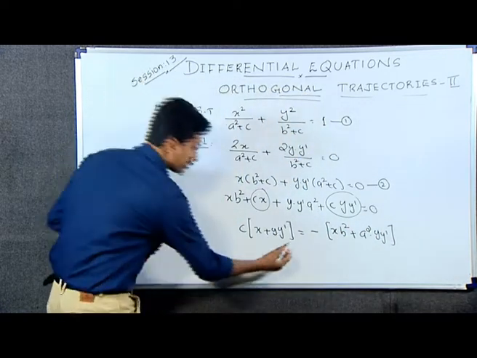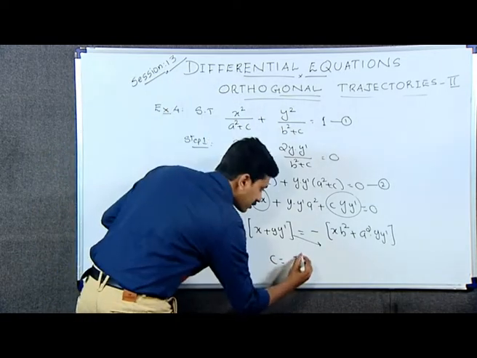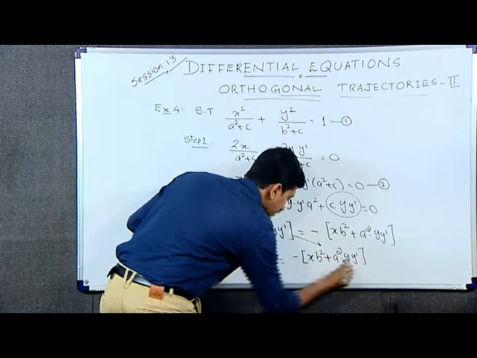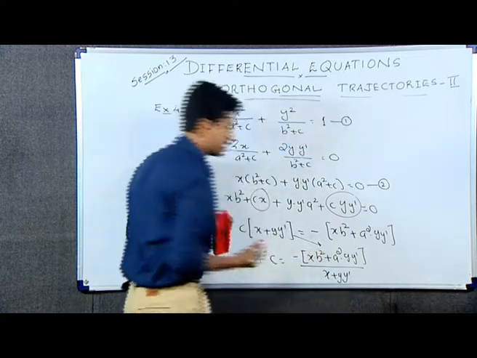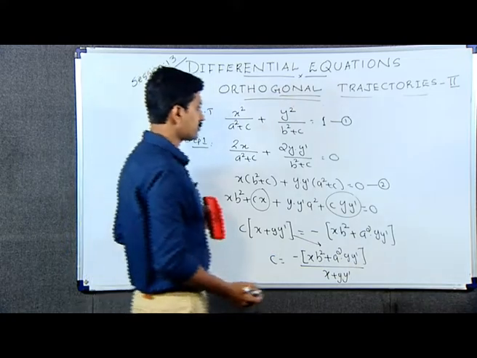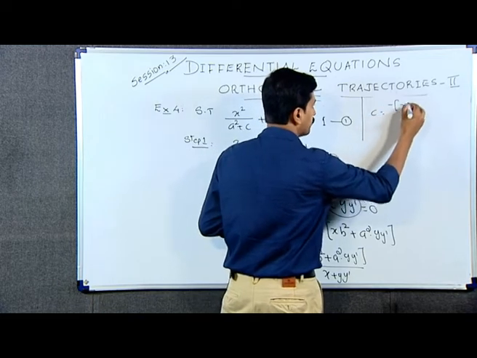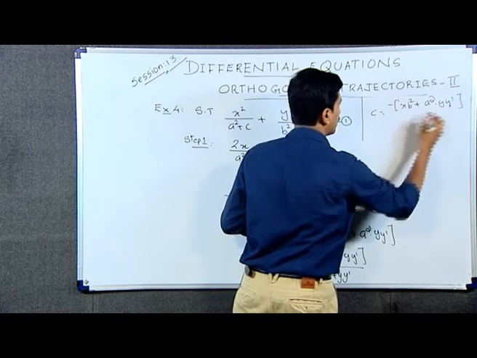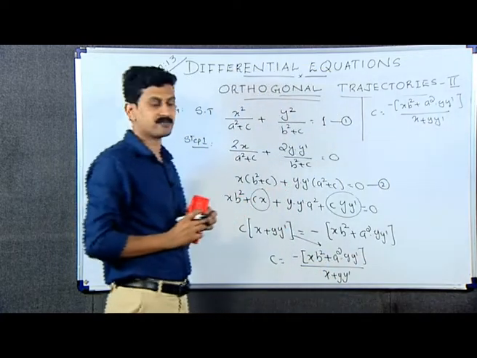So from here we find c is equal to minus of x b square plus a square y dash divided by x plus y dash. We found the value of c, and we have to use that later.